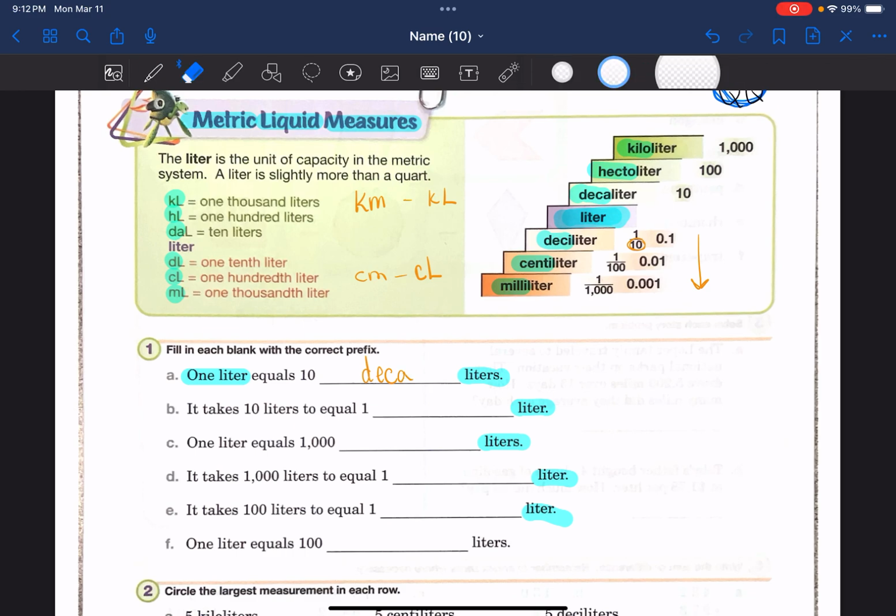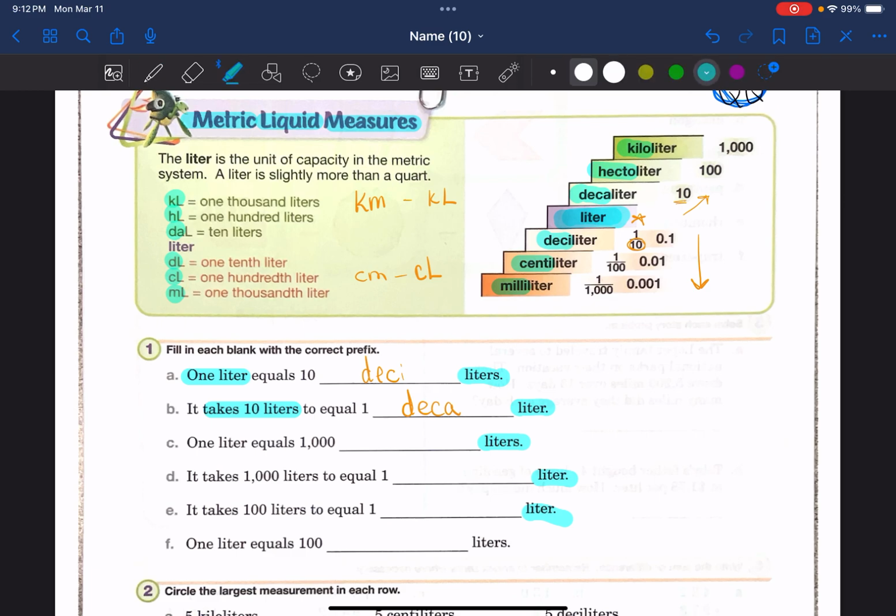I'm so sorry, I already messed up on the first one. Okay. Then the next one, it says it takes 10 liters. So therefore, we need 10 of these. So we're working our way up then. And here's my 10, this is where I'd put deca.